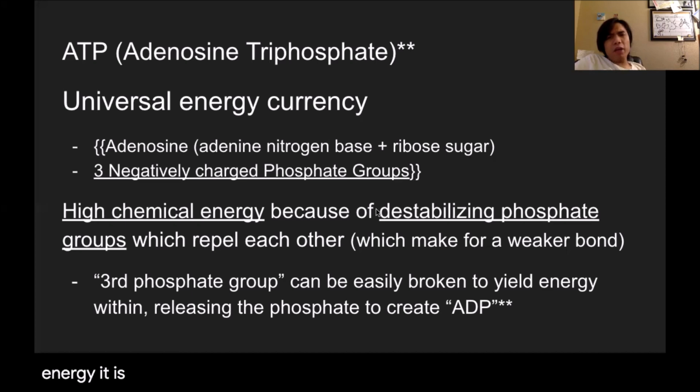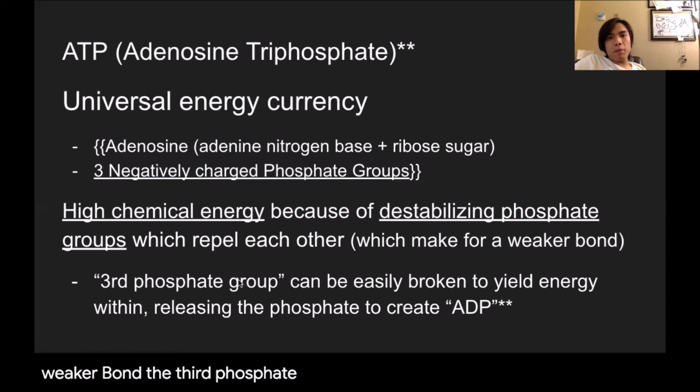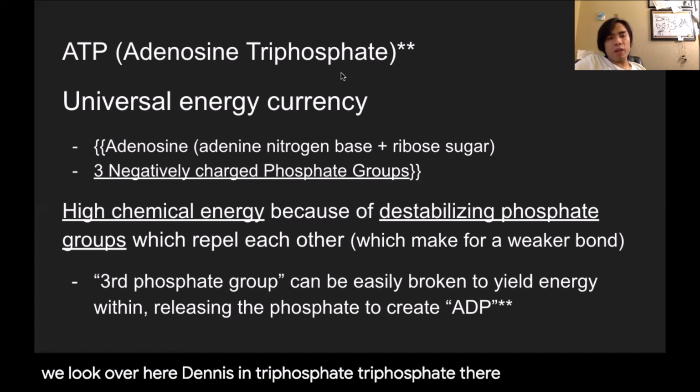It is very easy to break the bonds between the phosphate groups because they destabilize the molecule. They repel each other, which makes for a weaker bond. The third phosphate group can be easily broken to yield energy. So we look over here, adenosine triphosphate, there are 3 phosphate groups, right?